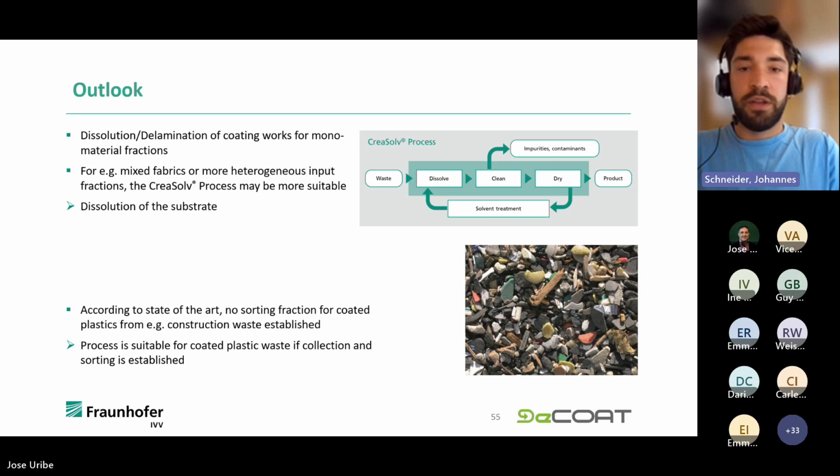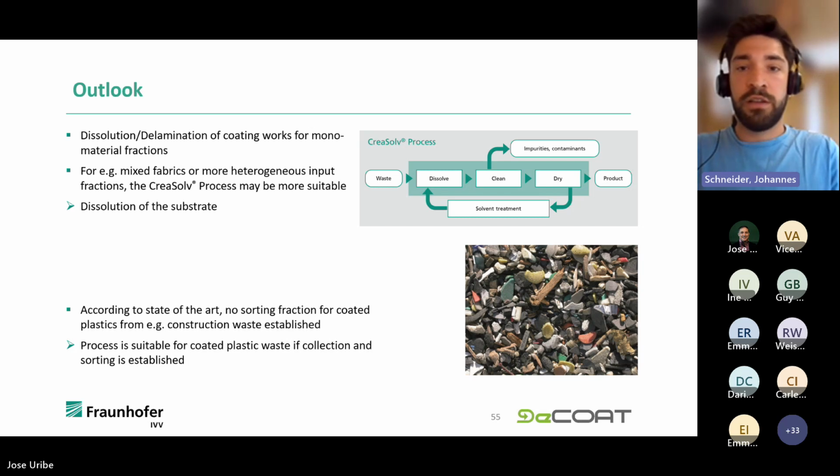The important step is that a collection and sorting system is established, and then we have a process that is ready to recycle these waste materials. But as I said, currently there are no such sorting fractions.